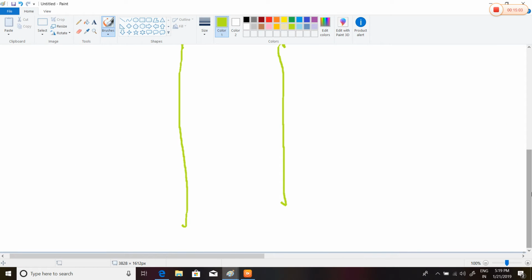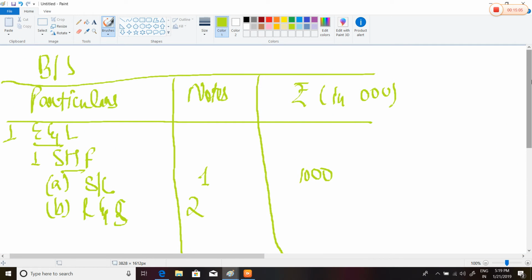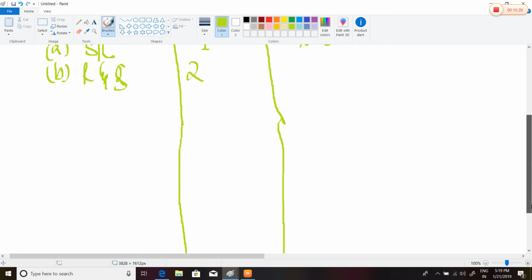First, we should close our balance sheet because our profit and loss account is almost closed. Next, current liabilities or non-current liabilities. What will come? Non-current liabilities.